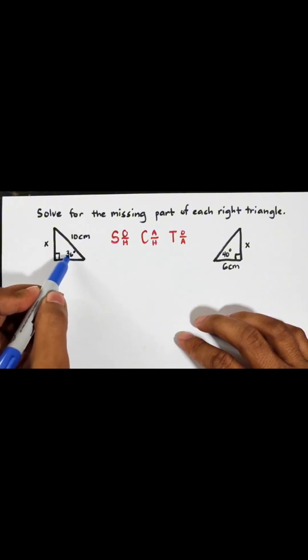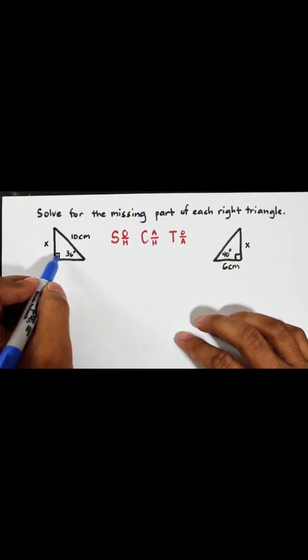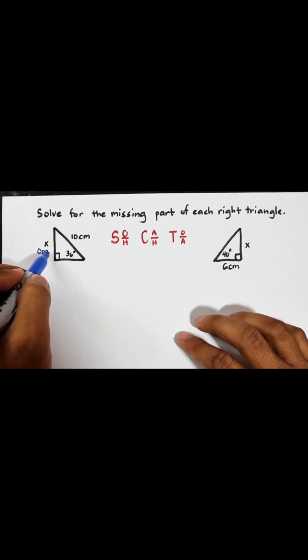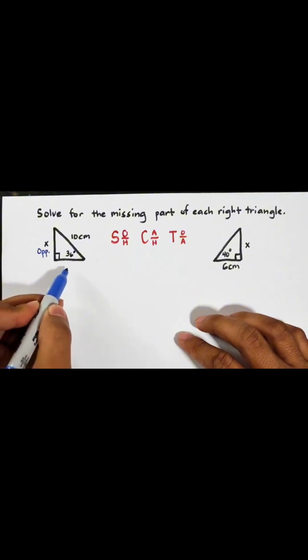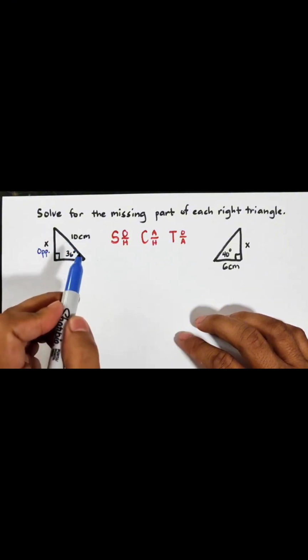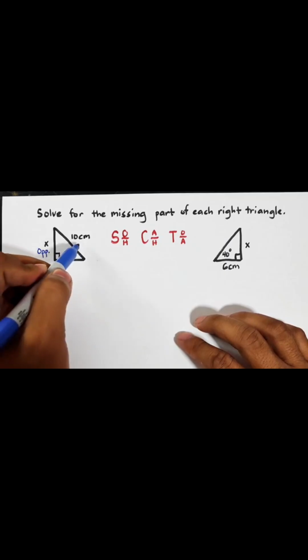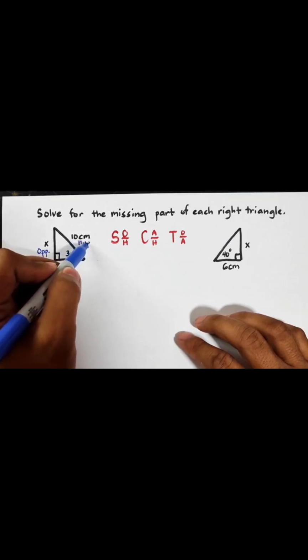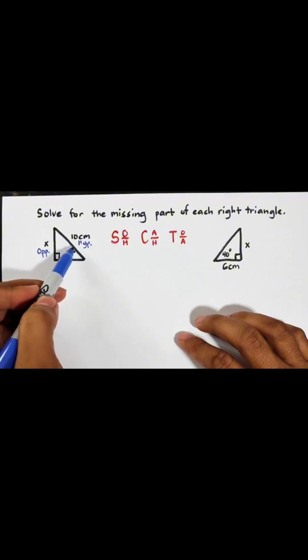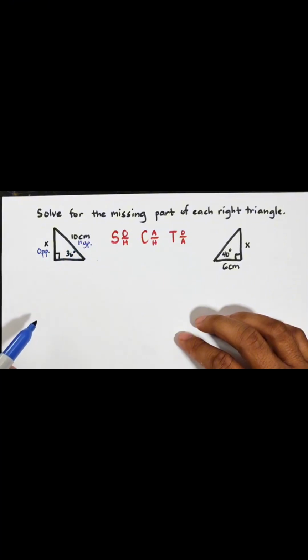The missing side, which is x, is the opposite side because it is opposite to the acute angle. And this side, which measures 10 centimeters, is the hypotenuse because it is opposite to the right angle.